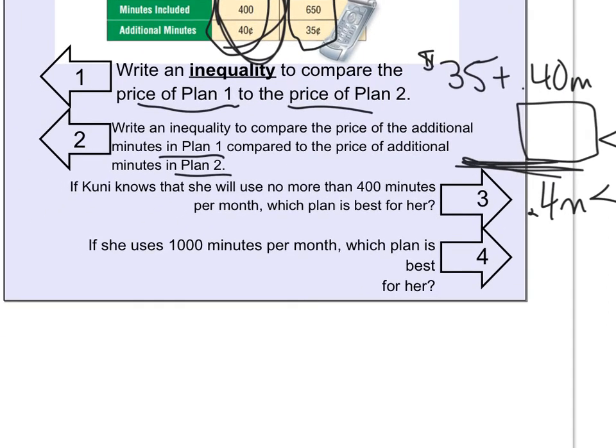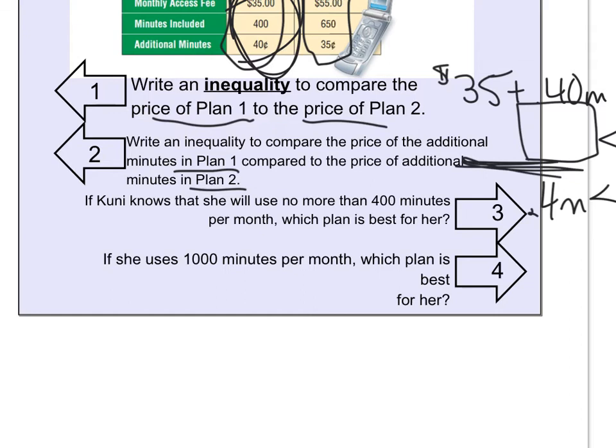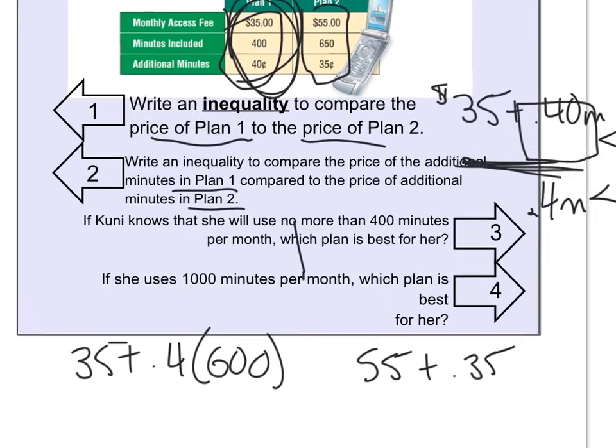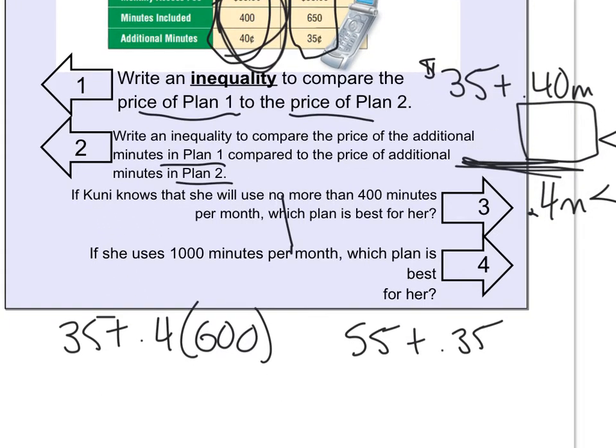All right, so at 1,000 minutes per month, for the first plan, you get your 400 minutes, so you get your $35, but then you're going 0.4 times 600 minutes. The second plan is $55, but then it's 35 cents a minute after that, but you've got way fewer minutes. So you've got 1,000 minus 650, so that's going to be 350 there.